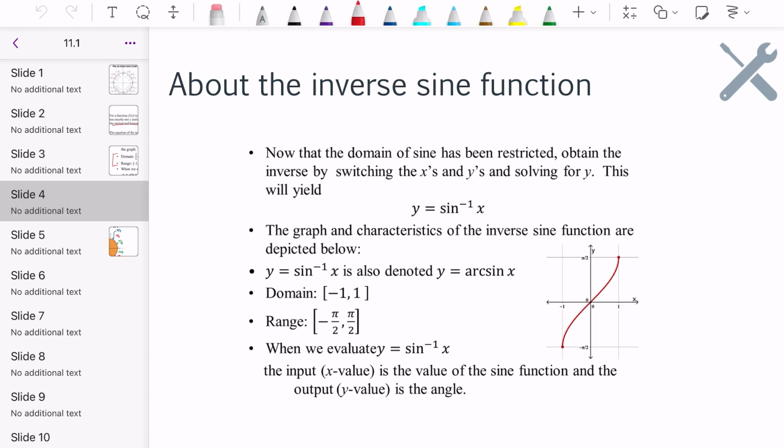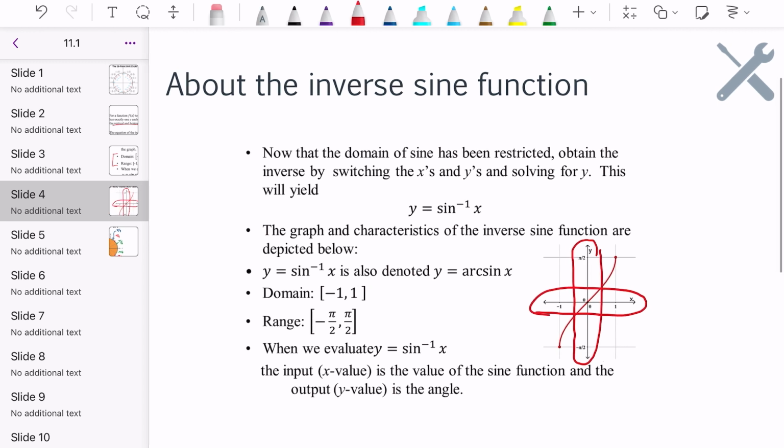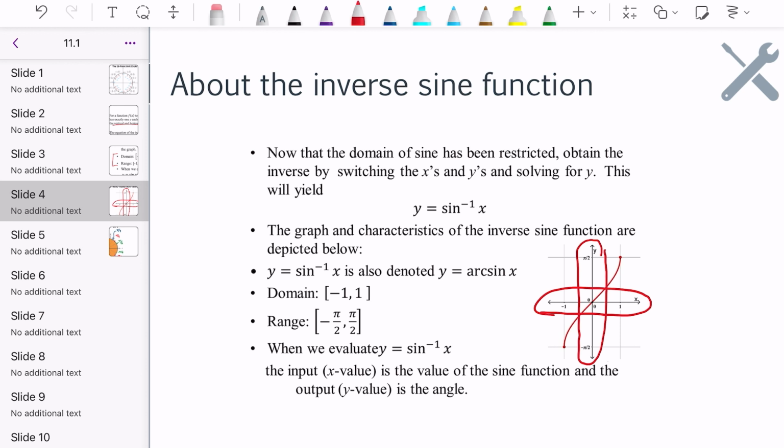If you take a look at the graph itself, you can see that the values that were the domain of our sine function, and the range of our original sine function, are now in the placement of our x values, meaning our domain. Once again, it is extremely important to note that we have our domain and range here, and it is also important to know that arc sine x is the same as the inverse sine of x. They both have the same equivalent value.